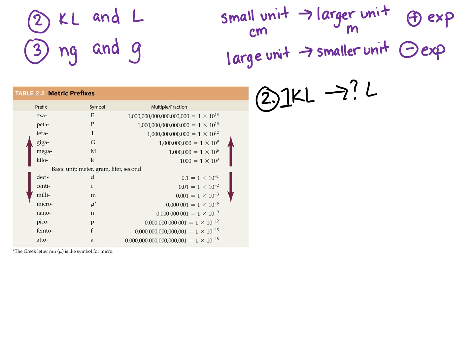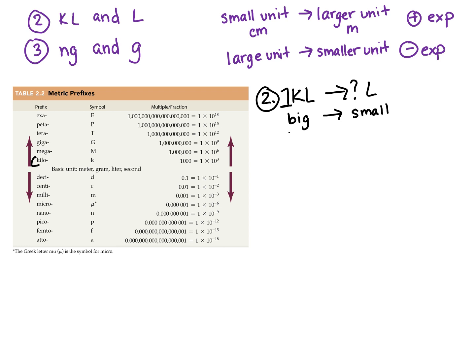Let's wait for a couple more answers. We're going big to small. The reason we know that is because kilo is up here above the basic unit. So it makes the basic unit bigger.